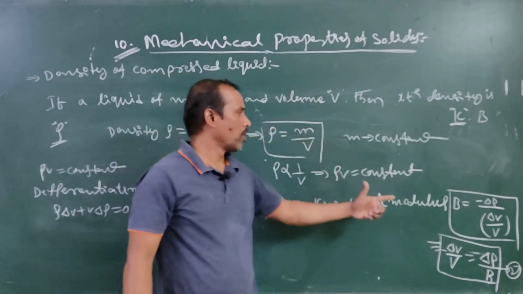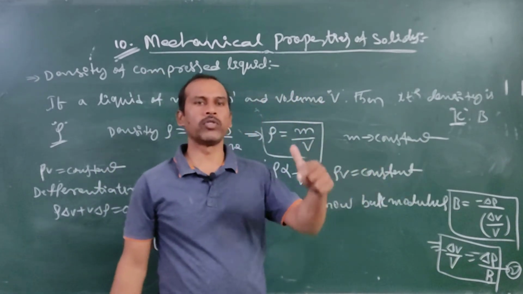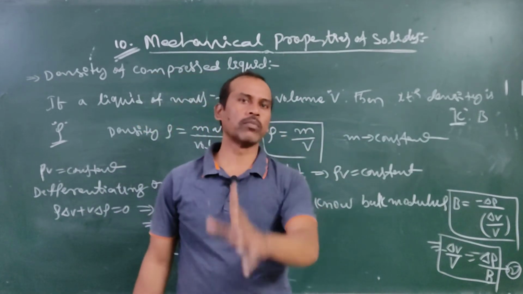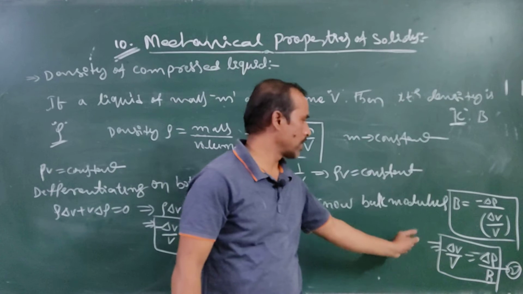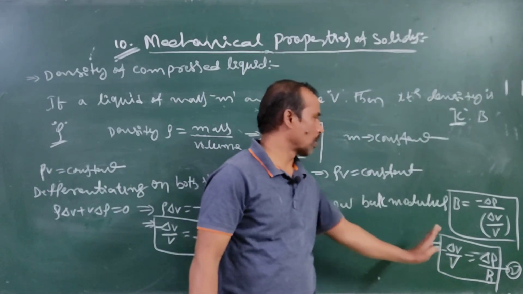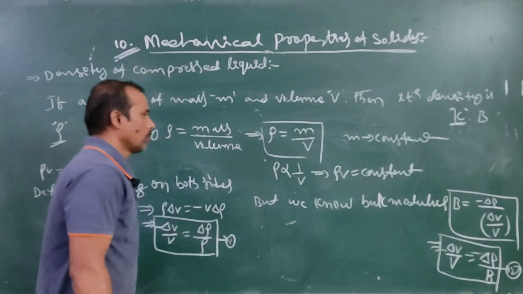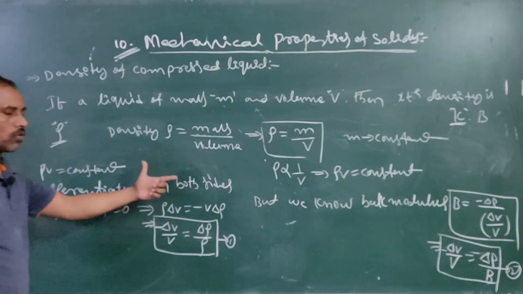According to bulk modulus, the change in volume by original volume is equal to change in pressure by bulk modulus. So minus delta V by V is equal to delta P by B, from equation 1 and 2. Note this one.